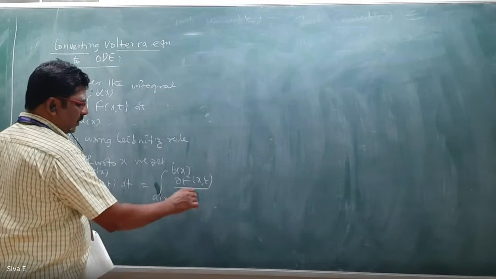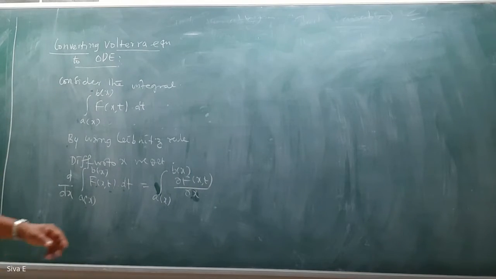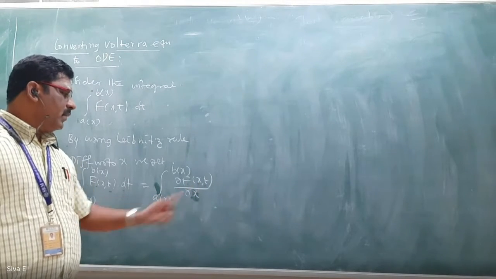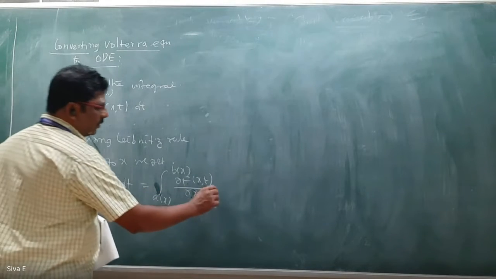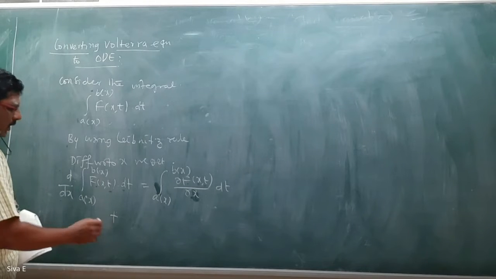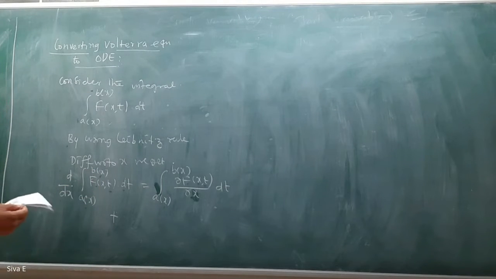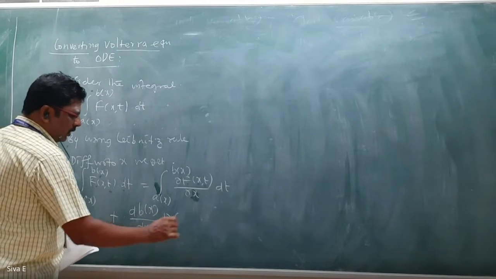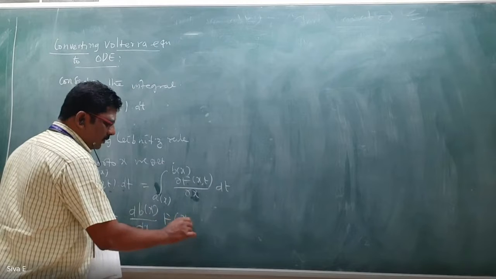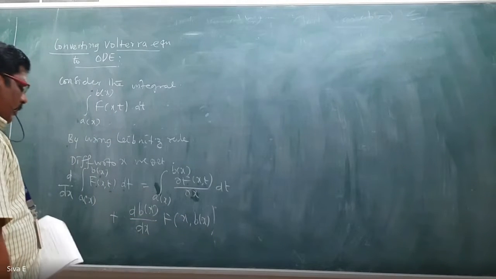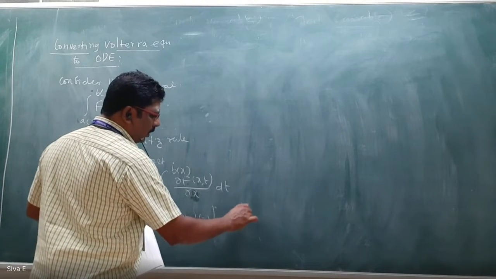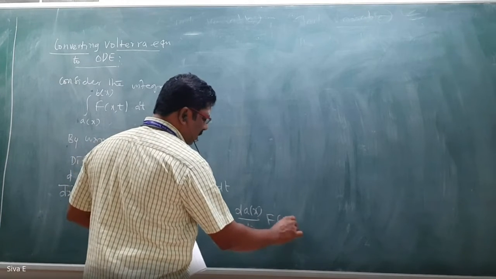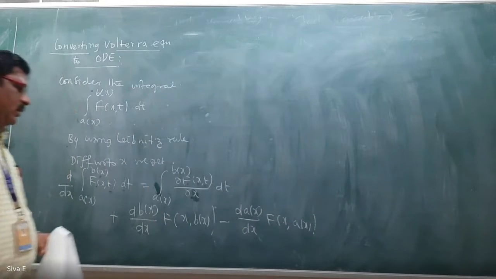Sorry, you are differentiating with respect to x, even though it is a function of x comma t, partially differentiating with respect to x only, dt, plus differentiate the upper limit, db of x by dx times f of x comma b of x, minus da of x by dx times f of x comma a of x.